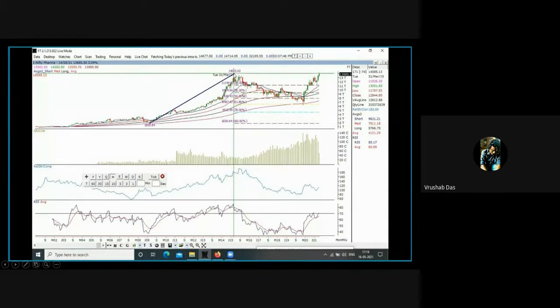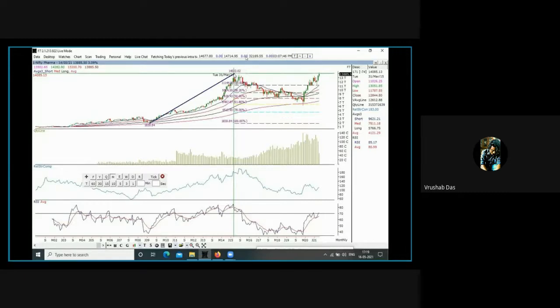So whatever the target or whatever the stop loss you may like, whatever loss you can bear, like if you can bear a loss of around 23.6, or after that you can bear the loss.